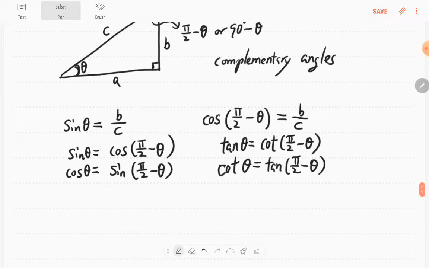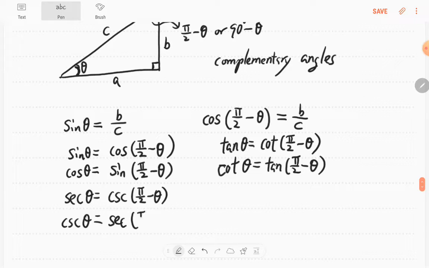And you have secant theta equals cosecant pi over 2 minus theta, and cosecant theta equals secant of pi over 2 minus theta.